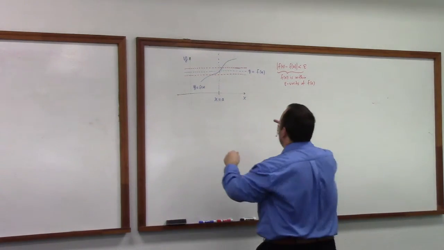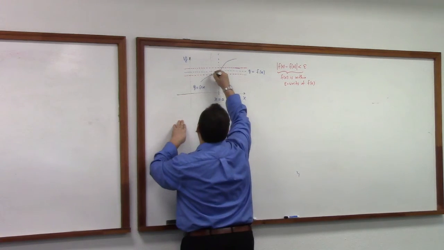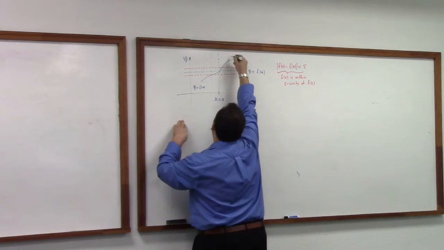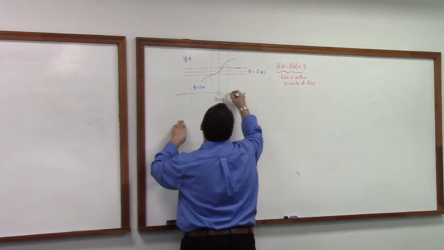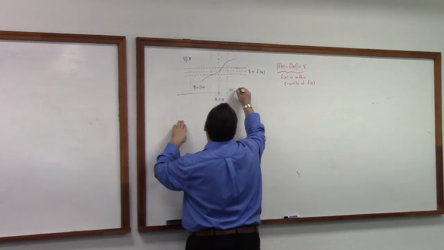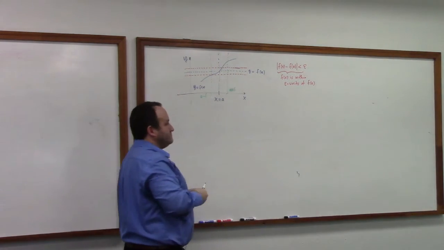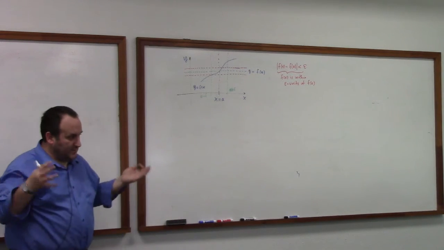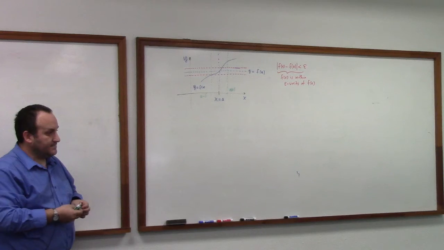So for this one, as pictured, I could make the delta something like this. Now, here's a plus delta or a minus delta. If you can't choose a delta to pinch the graph inside the zoom window, then it's not continuous.